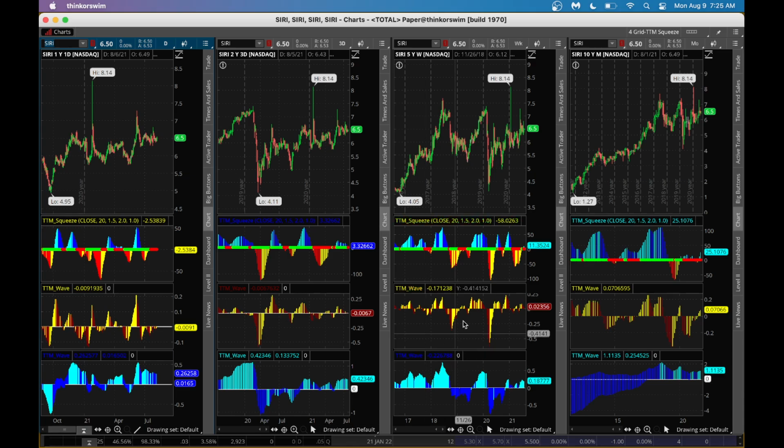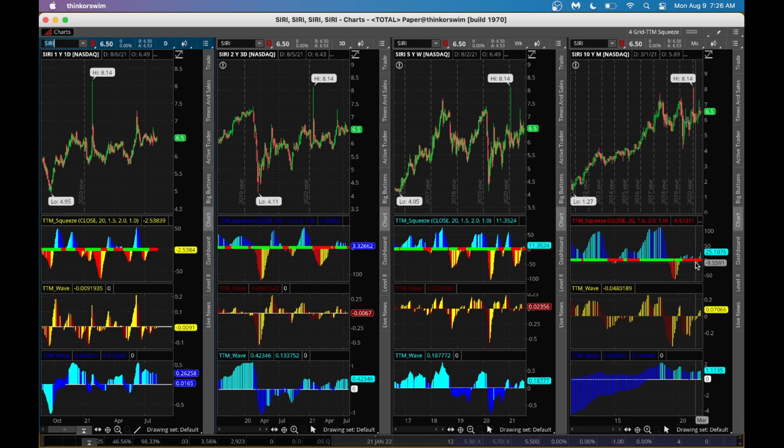And then we also have a dot forming in the weekly chart here. When this happens, if you look at the shorter term A wave, it's above 0.02, and if you look at the longer term C wave, that's also above 0, light blue, which is bullish. And looks like we also have a dot forming in the longer term monthly chart here. As you can see here, 10-year monthly.